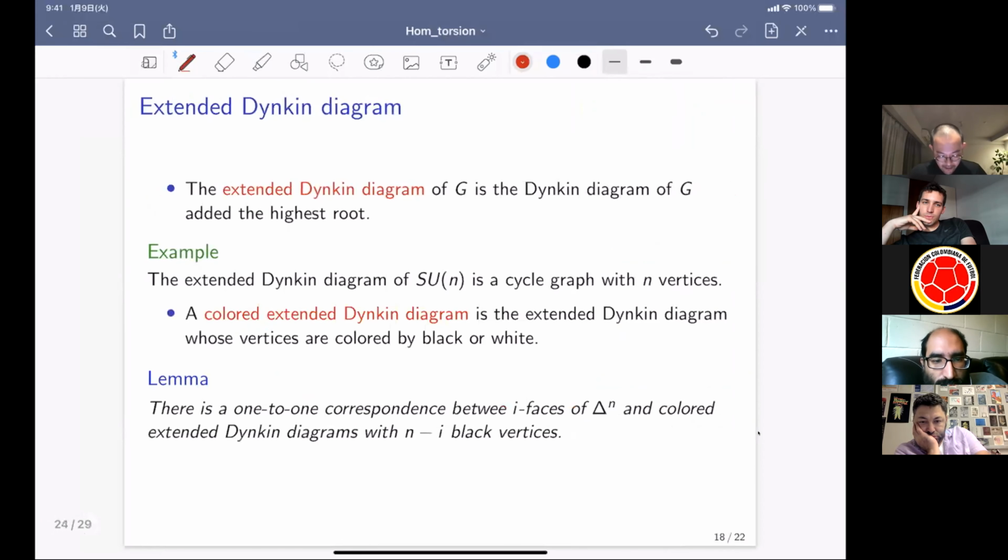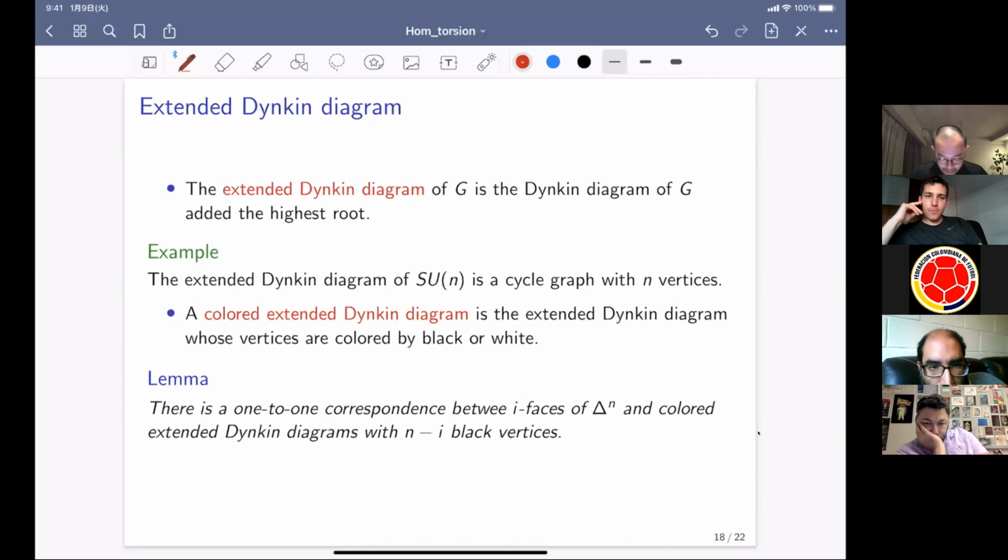Right. So now next we introduce a colored extended Dynkin diagram, which is the extended Dynkin diagram whose vertices are colored by black or white. Okay. So it's nothing but a two-coloring of the extended Dynkin diagram. Right. So the important point is this lemma.